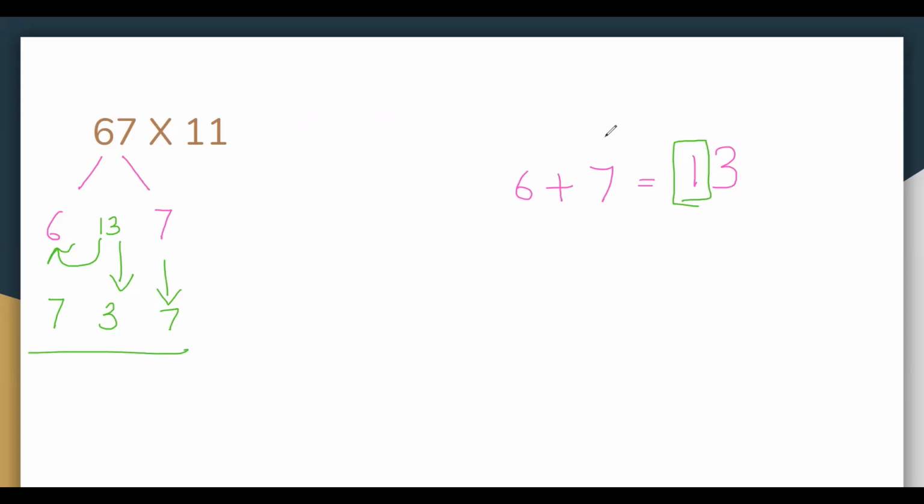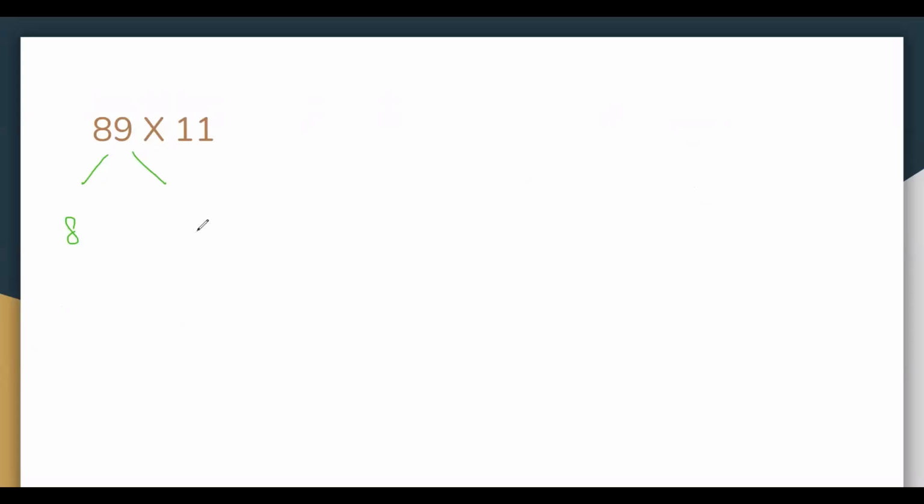Let me show you one more example. 89 times 11, split it, 8, 9. 8 plus 9 is 17. This 7 that we have, we write it over here. And this 1, we add it with the 8.